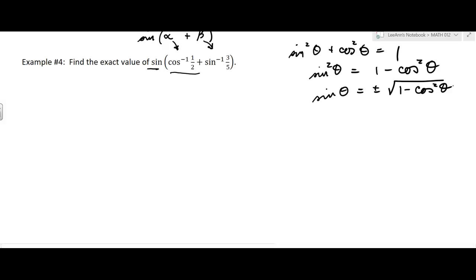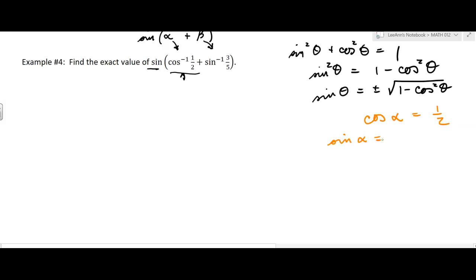Now, we know that there's some angle out there, call it alpha, such that the cosine of alpha is equal to 1/2. So if I want to find the sine of alpha, is it going to be positive or negative?